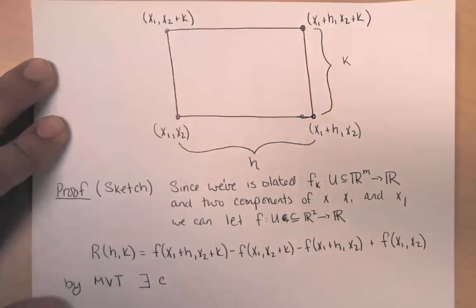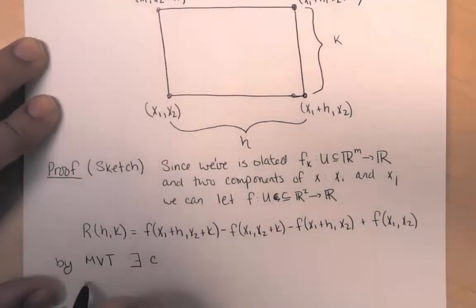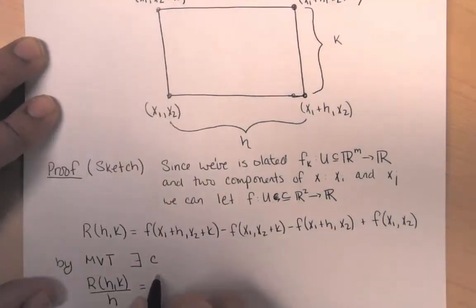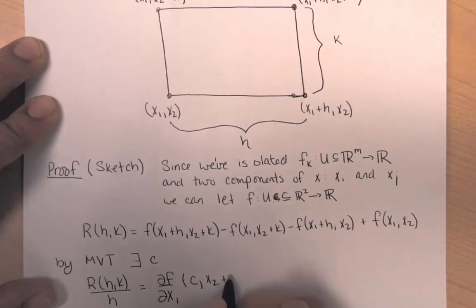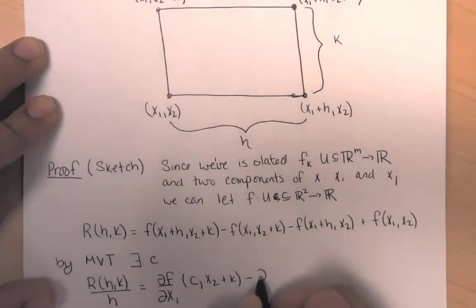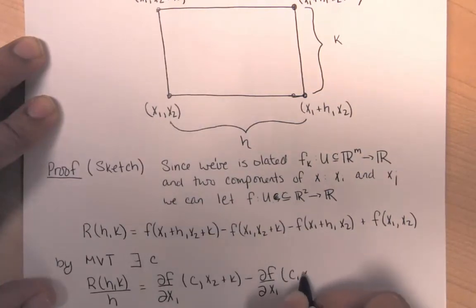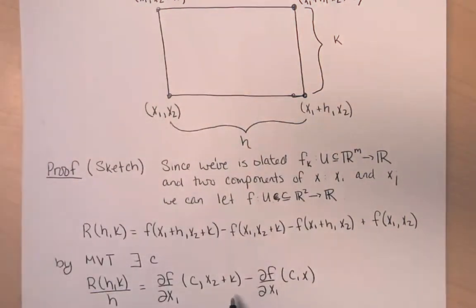There exists a C such that R(h,k) divided by the difference h is equal to the derivative of f in the first component evaluated at C, at these two points, right?